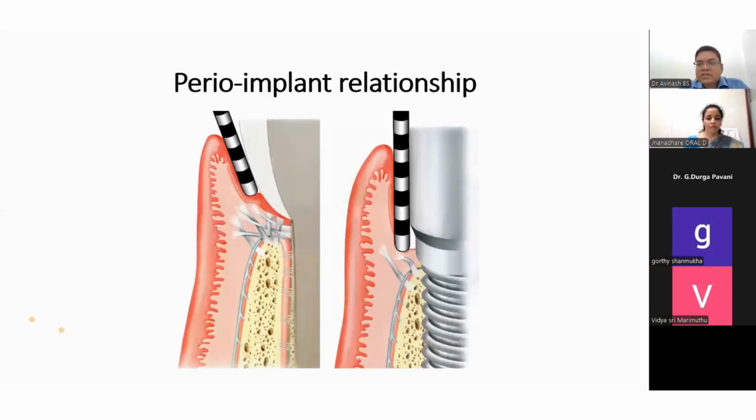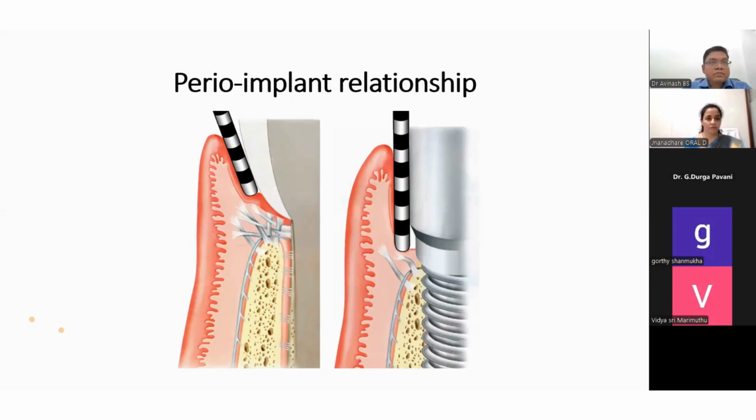Moving on to the next concept, that is the perio-implant relationship. So nowadays, everyone is placing implants. Most of them are aware of the procedure, the bone osseointegration. There are so many prosthetic aspects. Everything is considered while placing an implant.